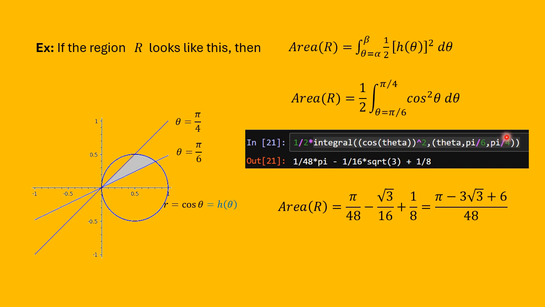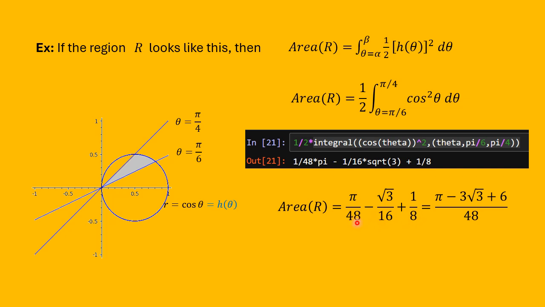And when we hit Shift Enter to execute this cell, we get the output being 1/48 pi minus 1/16 times square root of 3 plus 1/8. So that, which is equal to this integral up here, is our area. So the area is pi over 48 minus square root of 3 over 16 plus 1/8.